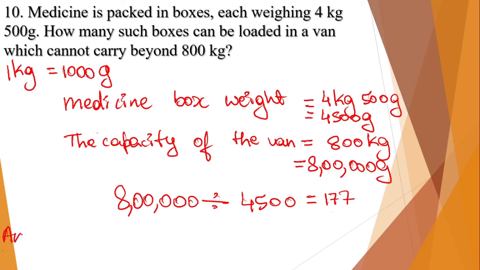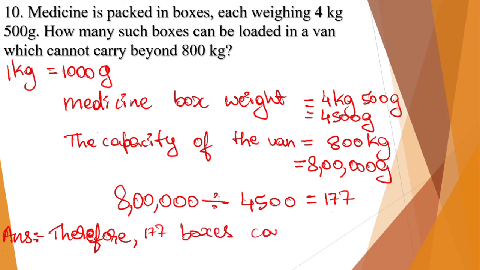So our answer will be, therefore, 177 boxes can be loaded in the van. So therefore 177 boxes can be loaded in the van. So this is the 10th question.